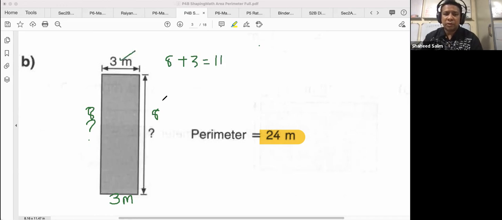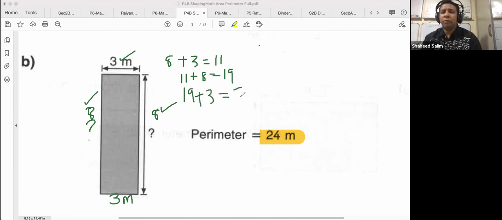Then we must plus another 8. We get 19. Okay, good. Getting closer. Then 19 plus 3. You get 22, Putra. Not 24. 22.